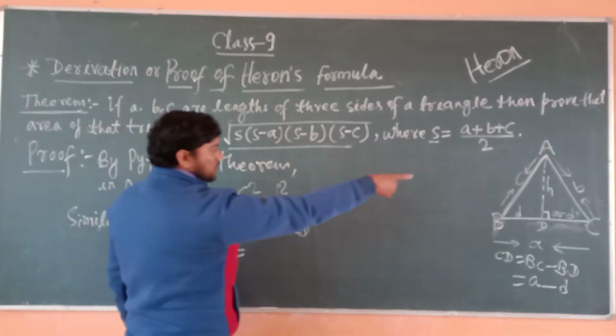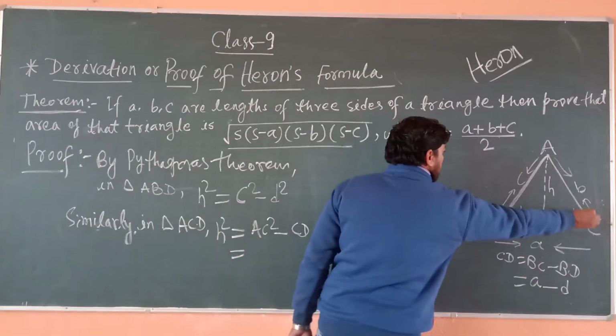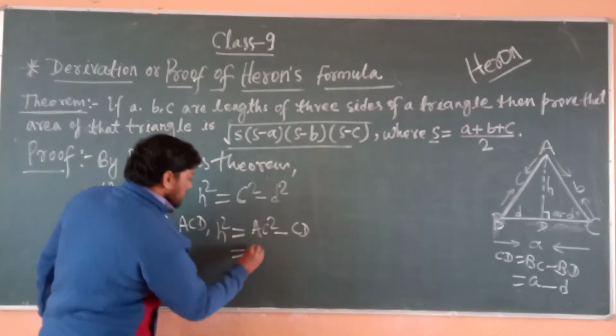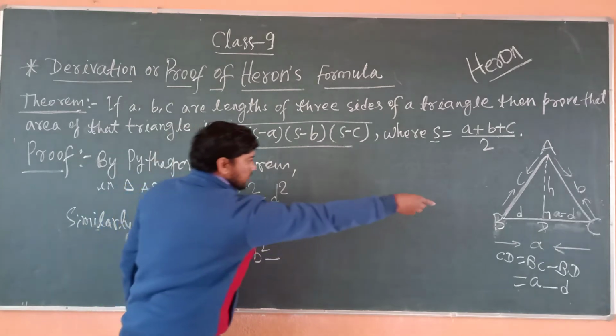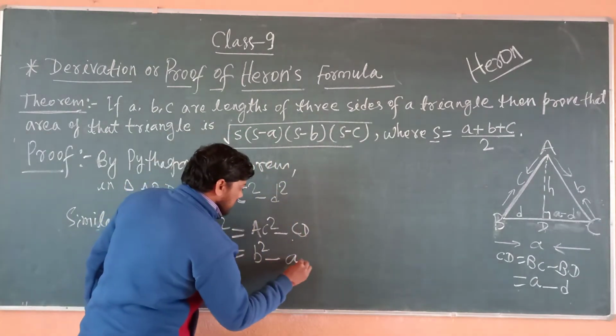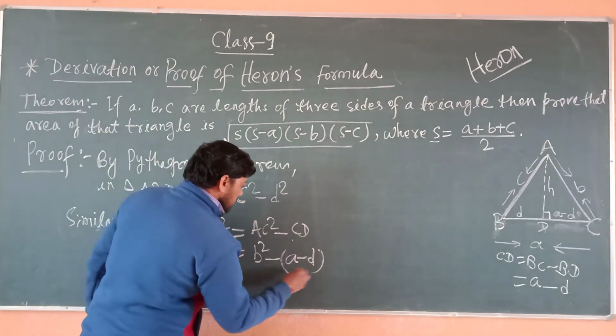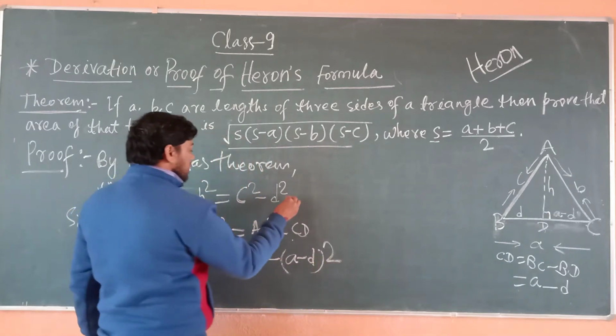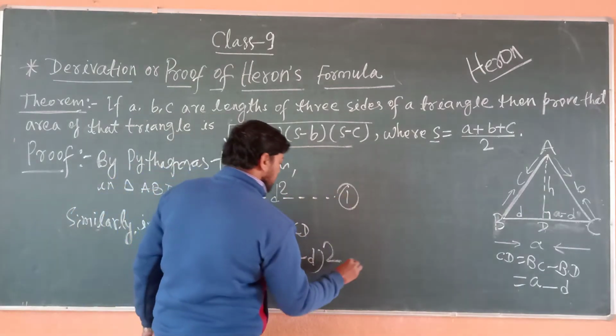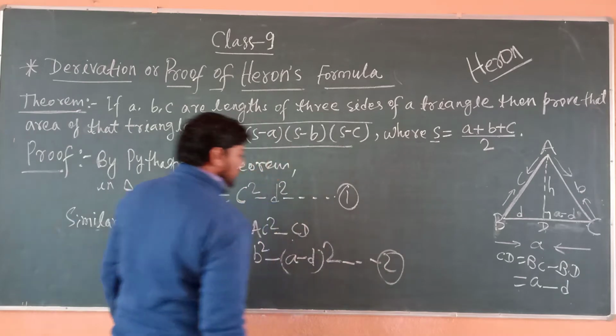That is, AC is of length b, so b square, and the length of CD is a minus d, so (a minus d) to the whole square. Suppose that it is the first equation and it is the second equation.